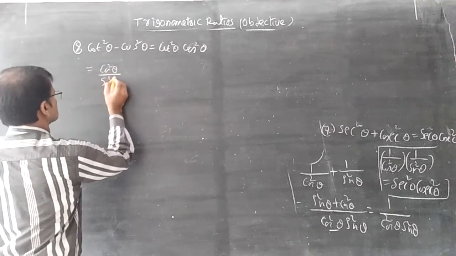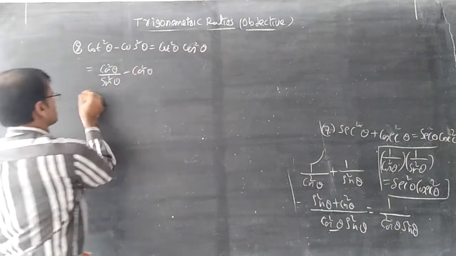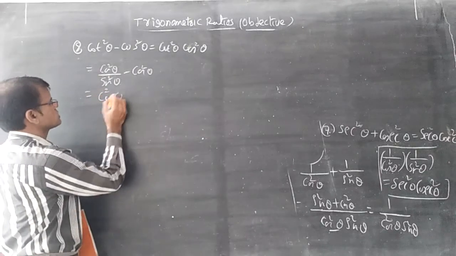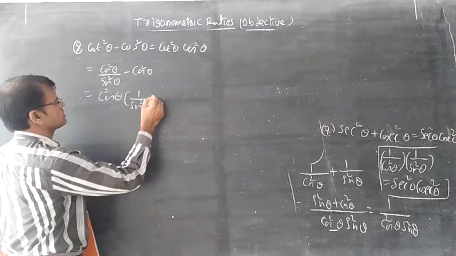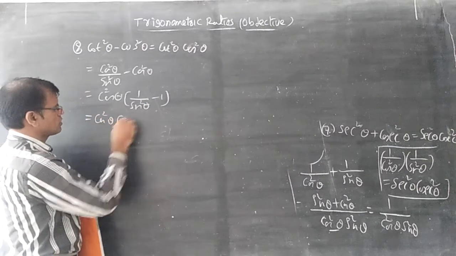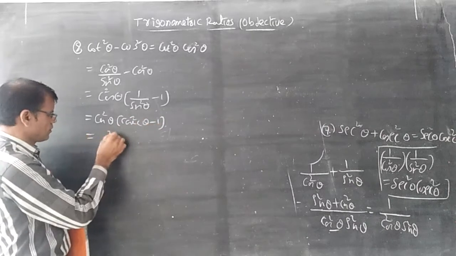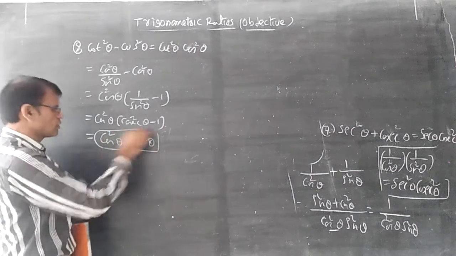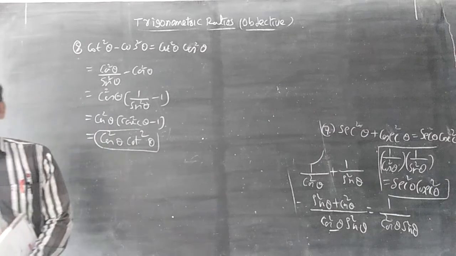Write like this: cos square theta by sin square theta can be understood as cot square theta. Take cos square theta common. Write like this: 1 by sin square theta minus 1. That is equal to cos square theta into cosecant square theta minus 1. That is equal to cos square theta into, we should know the formula, cosecant square theta minus 1 equals cot square theta.